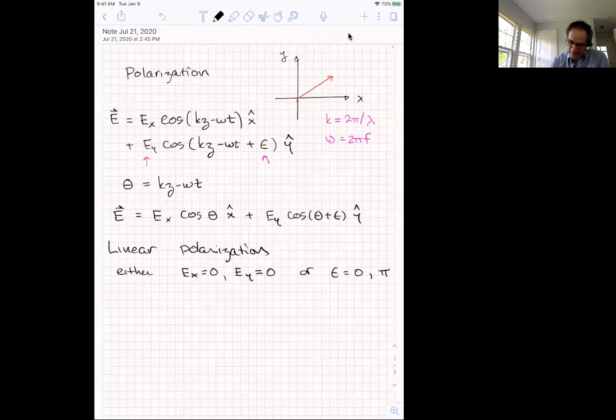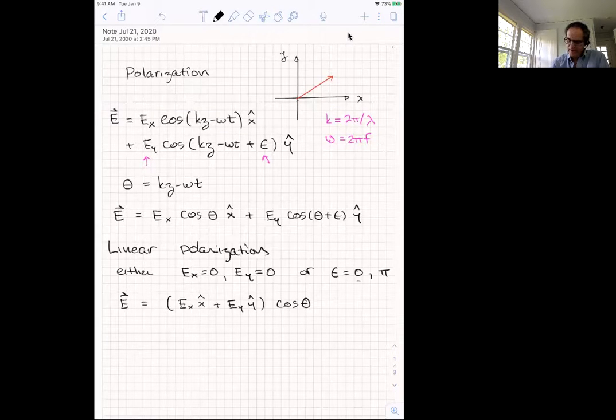Because in this case, let's suppose that the phase difference is 0, we can write the electric field as Ex in the x direction plus Ey in the y direction times cosine of theta.